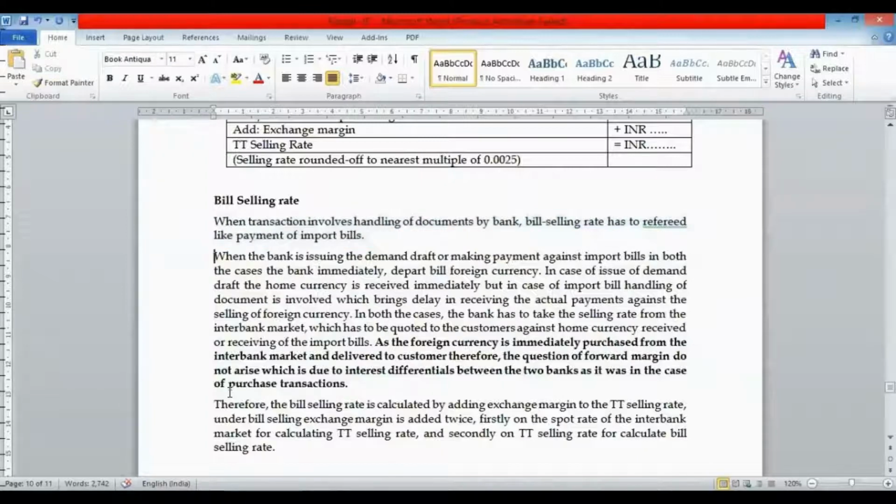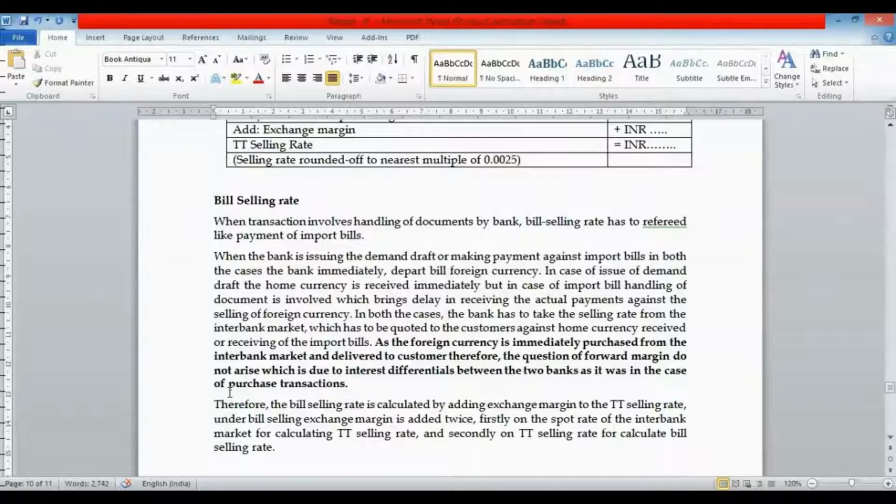But here, what is happening? In the bill buying rate that we did in the last few lectures, the concept of forward margin was there. And forward margin, I told you, is nothing but the interest differential between the two banks.